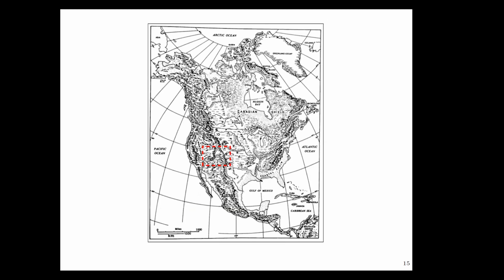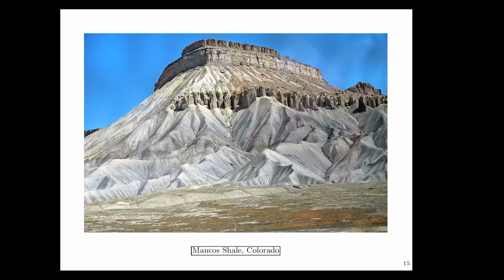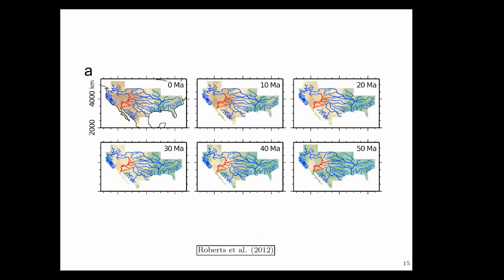We look at, for example, the Colorado Plateau, where we have marine sediments that are standing about 1 kilometer above sea level. Now, people have used different techniques to reconstruct dynamic topography in time, and this specific study is from Roberts et al., where they use a collection of river profiles in North America, and they try to fit the present day structure and come up with a reconstruction of dynamic topography.